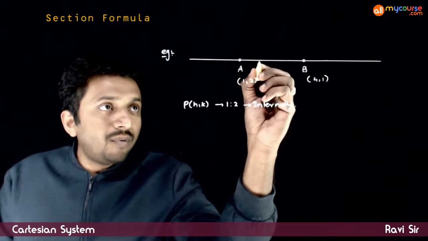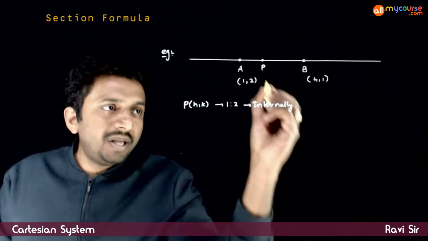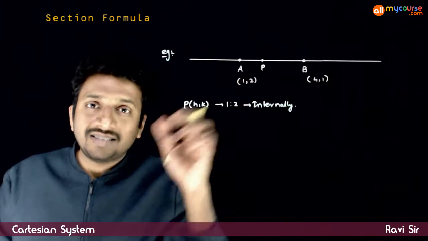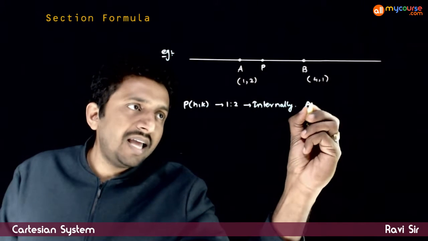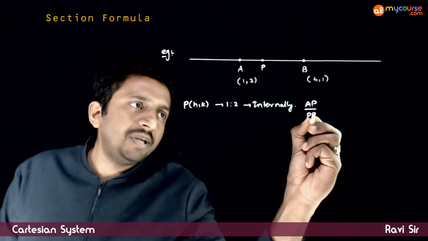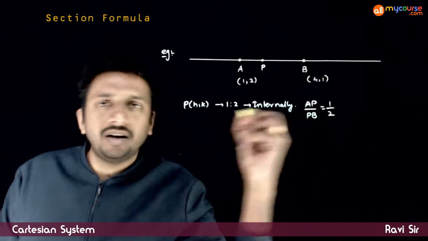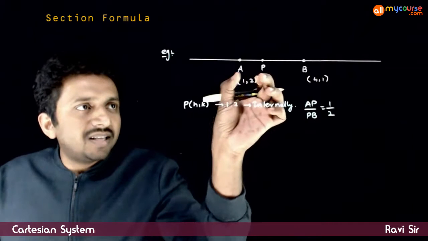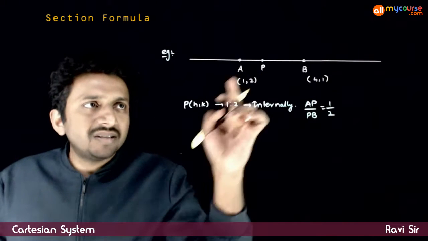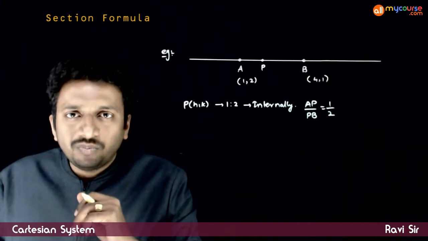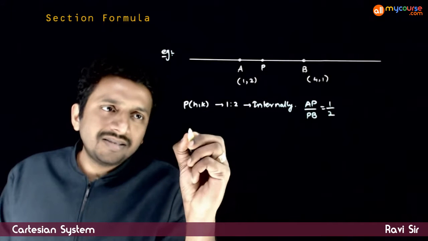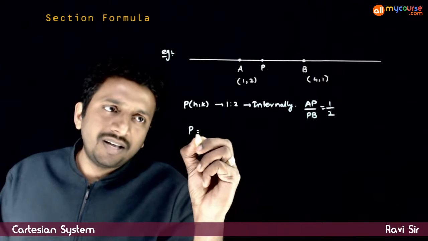That means I want a point P inside the line segment AB such that AP by PB is equal to 1 by 2. So the distance AP to the distance PB is 1:2. How do I get this? From the formula of internal division.